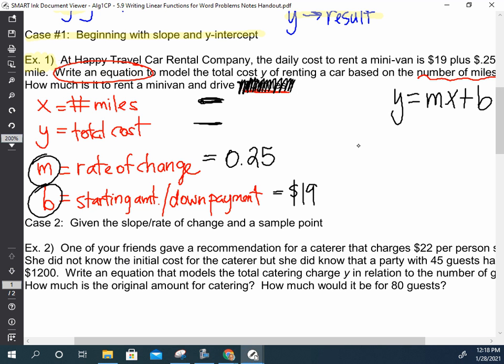So let's go ahead and write the equation. So we have y equals your slope, 0.25x, plus 19. So there's your equation. So that's one part.